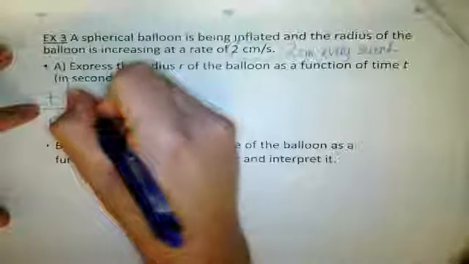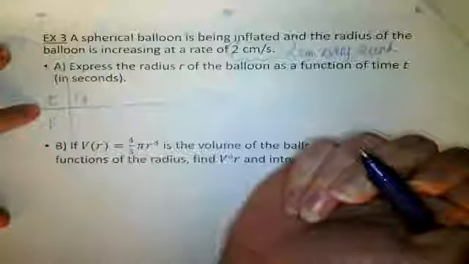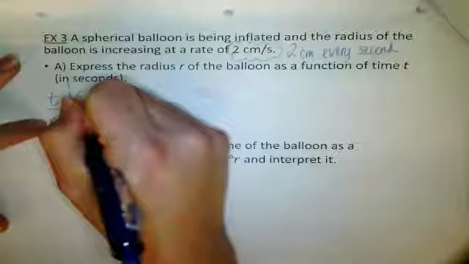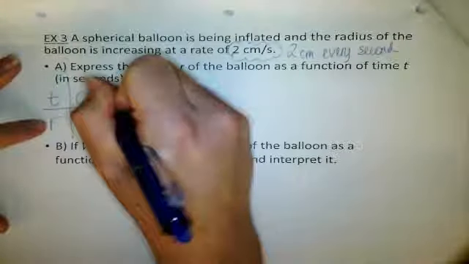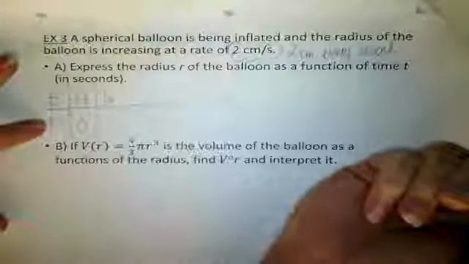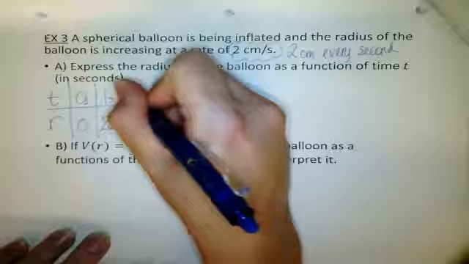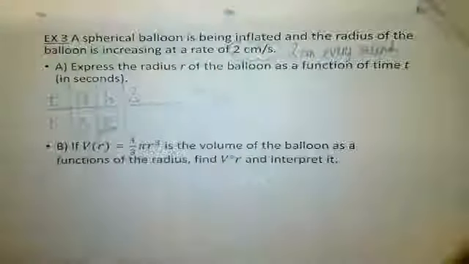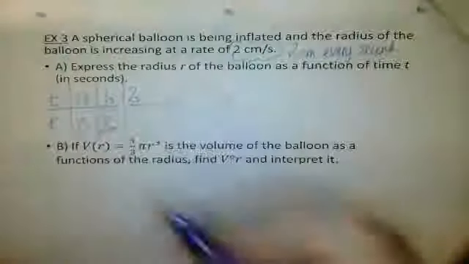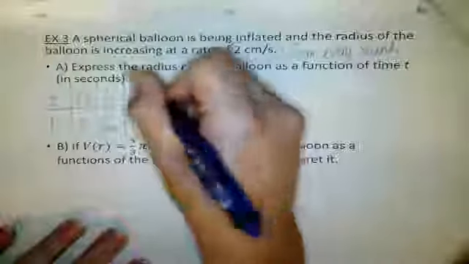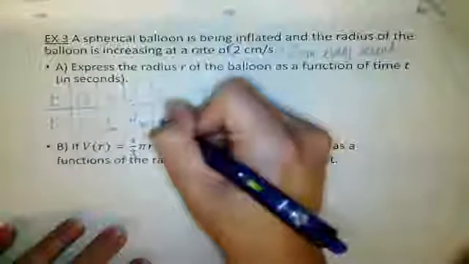So when time is 0 seconds, how big is the radius? 0. And then after 1 second, how big is the radius? 2 centimeters. And after 2 seconds, 4 centimeters. And after 3 seconds, it would be 6.